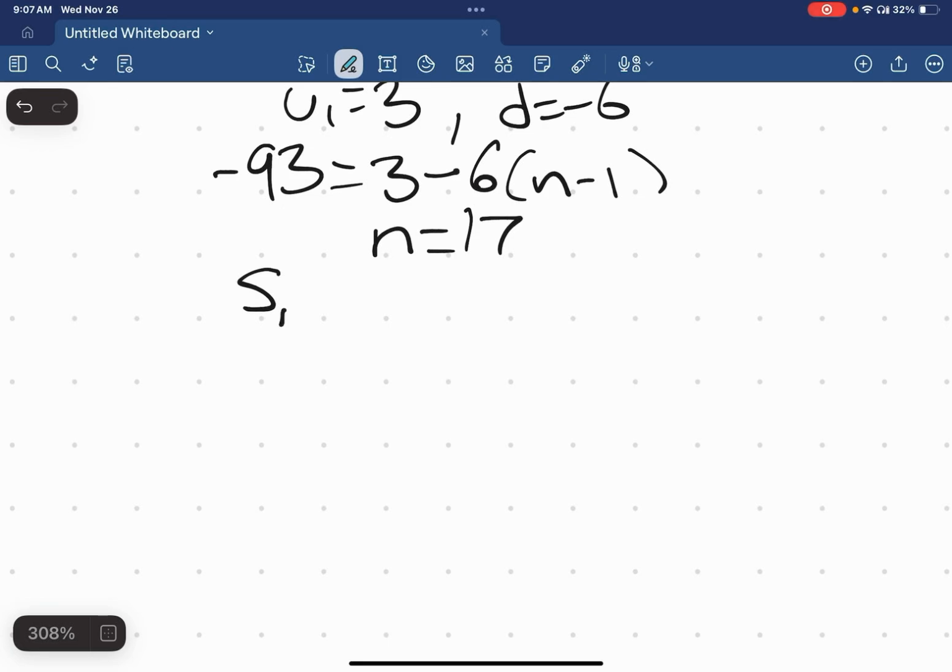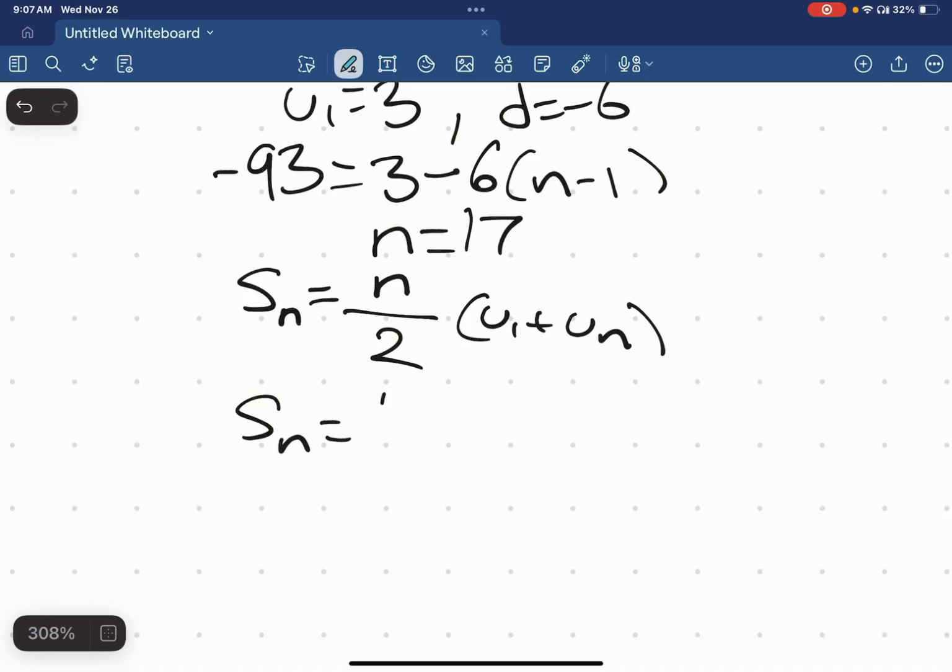Remember that Sn, the sum of a series from one term to the next term, whichever term you choose, is going to be n divided by 2 times (u1 plus un). This will be in the formula book for the test, so it's not something you should try to memorize, but it's good to have this in your mind. Now from here, we just plug in our numbers.